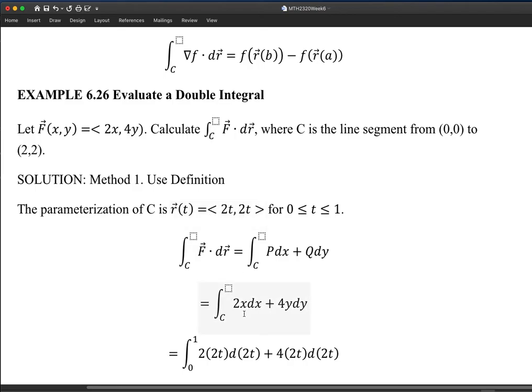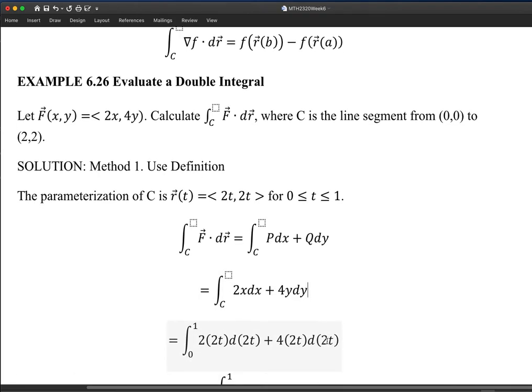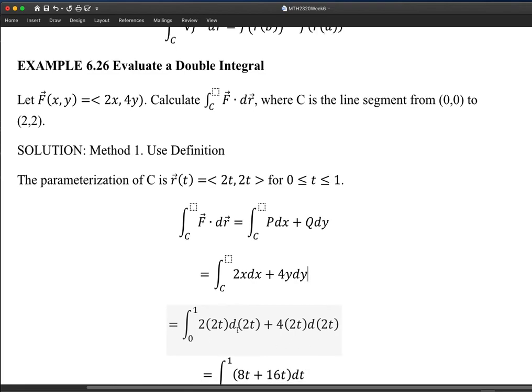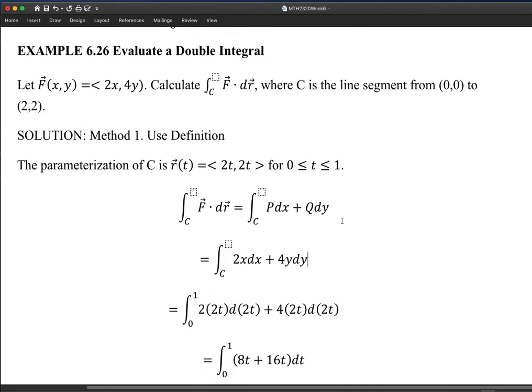For this line integral P dx plus Q dy, I replace each x with 2t, each y with 2t, and dx is replaced with d(2t), so really this is 2 dt. dy is d(2t), also 2 dt. Even though I may have dt two times, it is really a single integral in terms of t, right? t is running from 0 to 1.